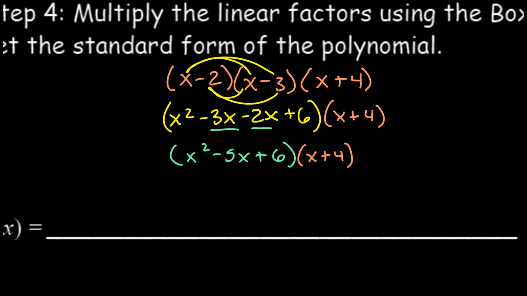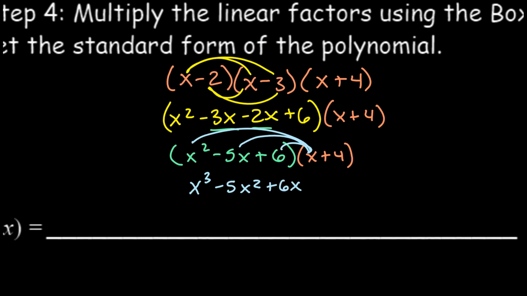But that's a lot of sets of distribution. When instead, I like to think of distributing the smaller term. That way, it's just less swoops. So here, I'm going to distribute the x to the x squared and get x cubed, the x to the negative 5x and get negative 5x squared, the x to the 6 and get 6x.